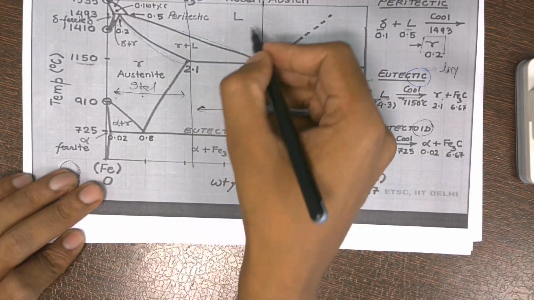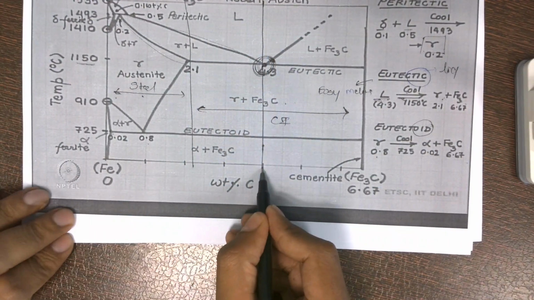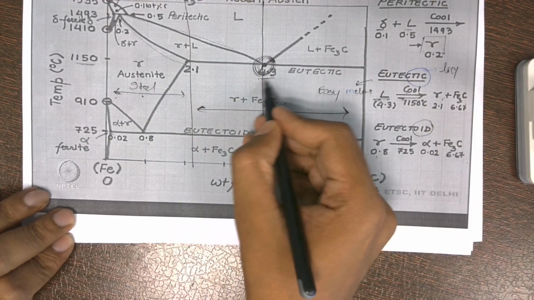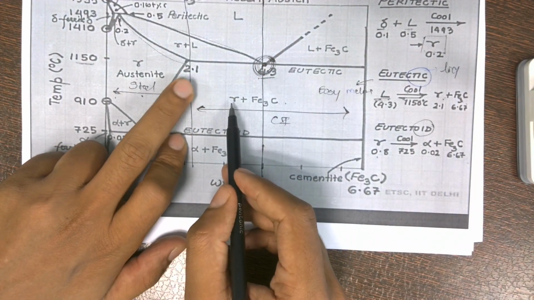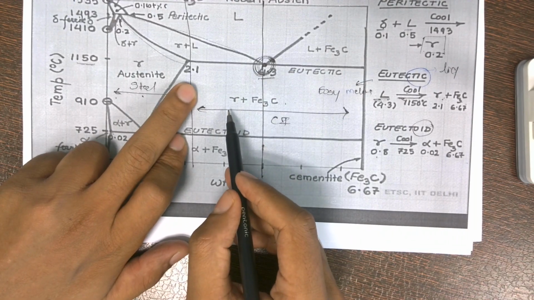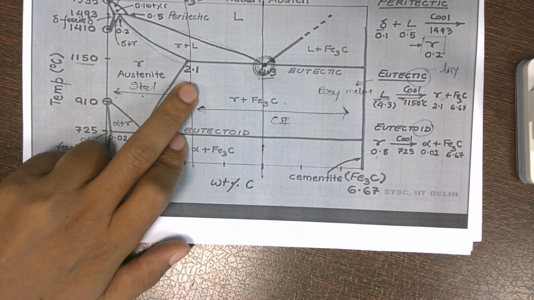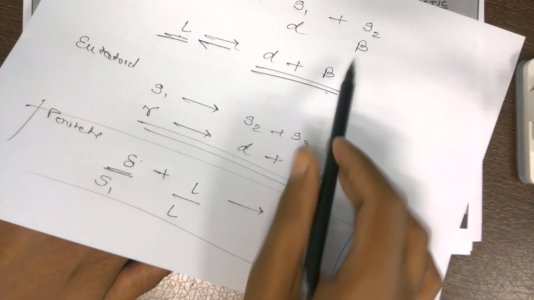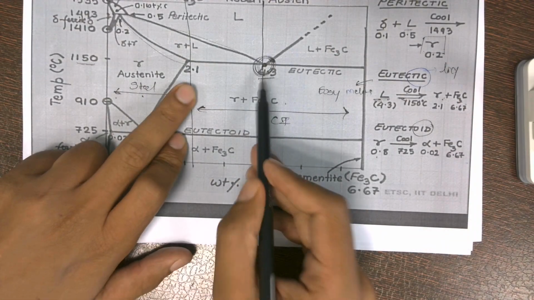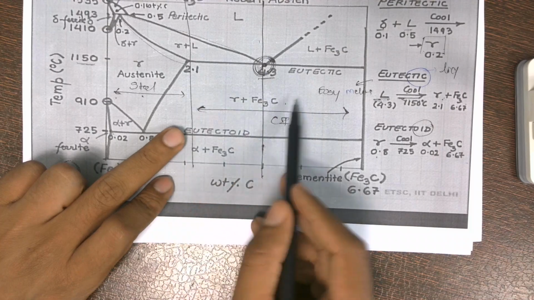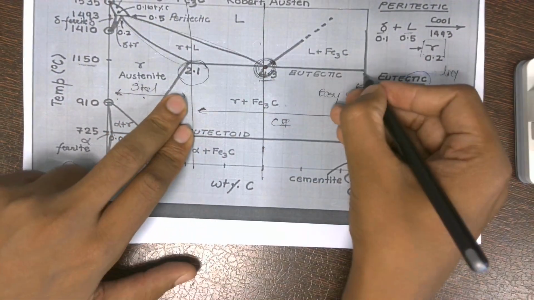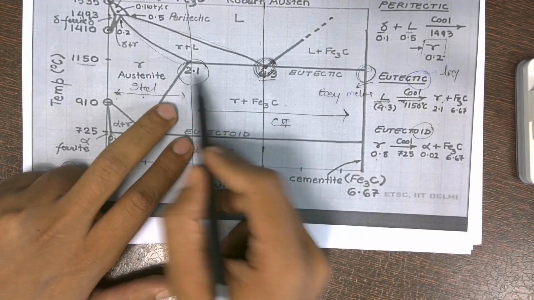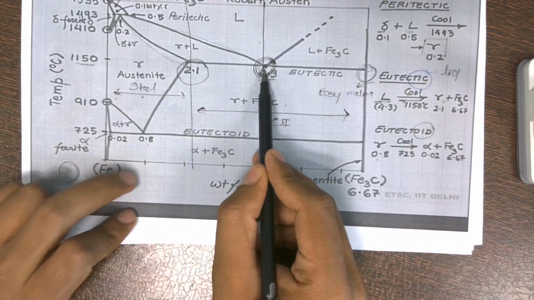Let's say in the liquid the carbon composition was around 4.3, but when it breaks and forms, for example here, liquid and alpha, it's right, perfect. So whenever the liquid breaks and forms two solid phases, one composition will be lower in carbon content and another will have higher carbon content. So the liquid composition will be in between them.